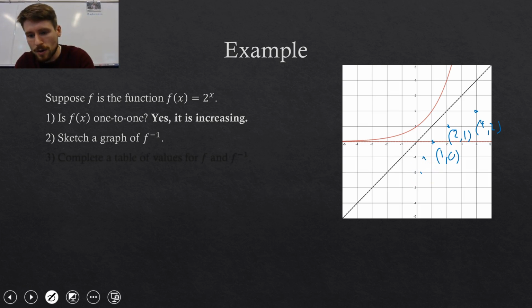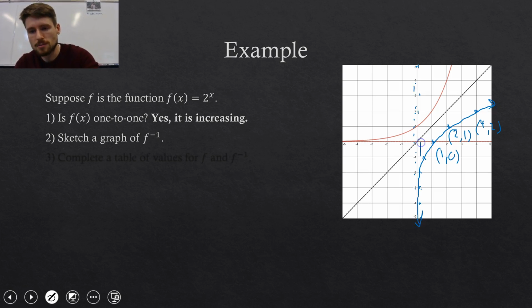And you can see that we're going to get closer and closer to the y-axis, but we're never going to hit it. And so we end up having a vertical asymptote at x equals 0. So this would be what our function looks like.